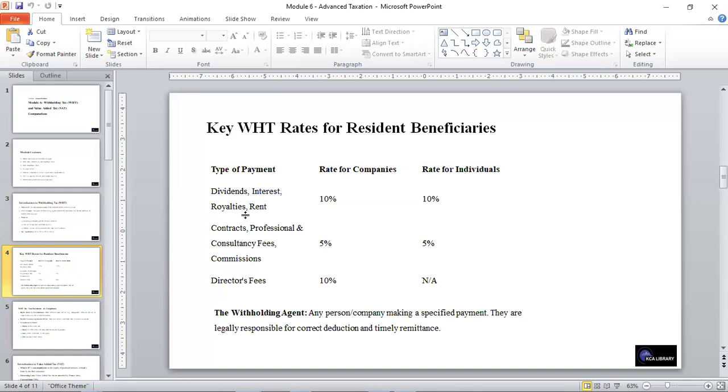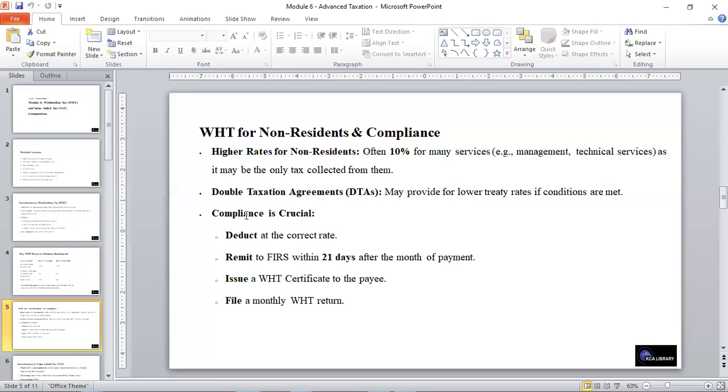A withholding agent is any person or company making a specified payment, and they are legally responsible for correct deduction and timely remittance. For withholding tax on non-residents and compliance, we are looking at a higher rate for non-residents.